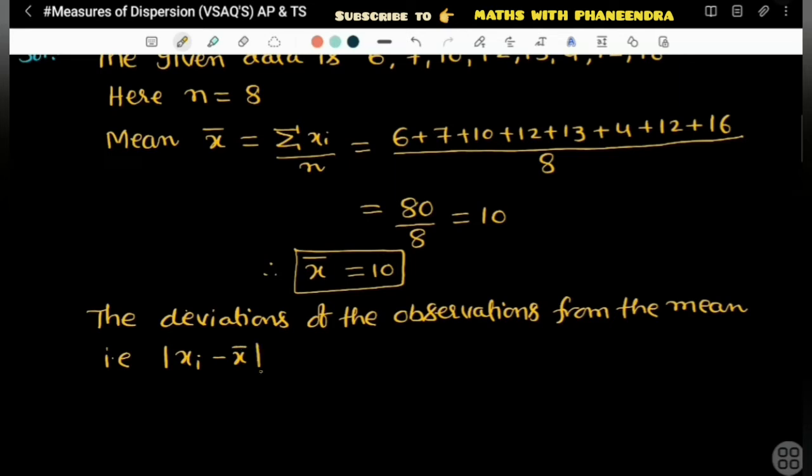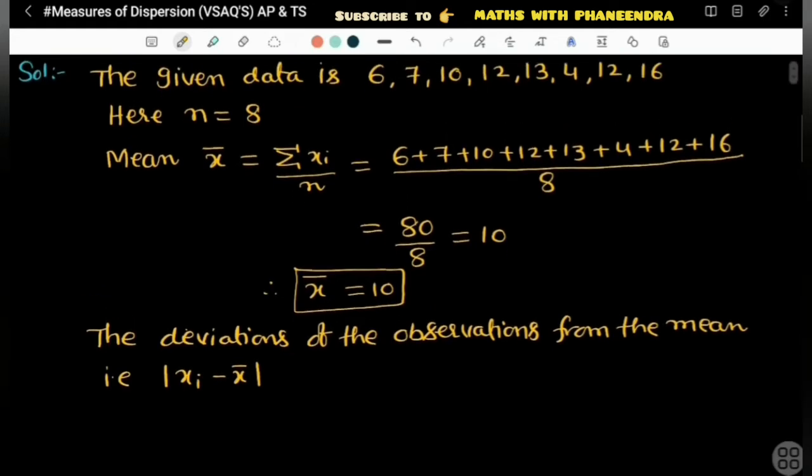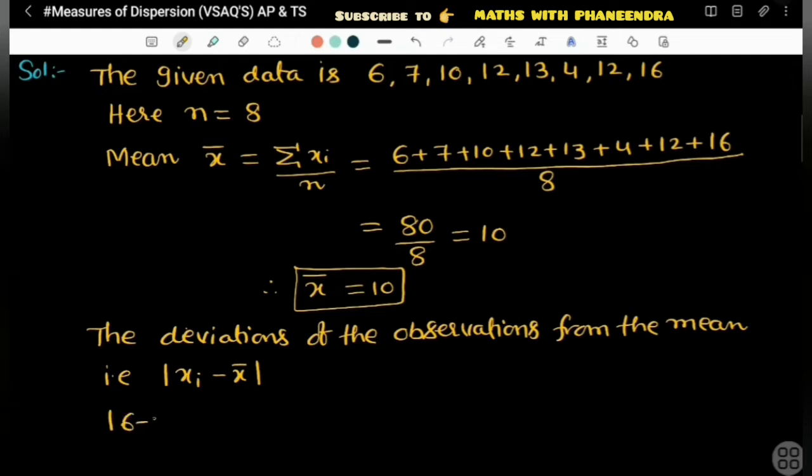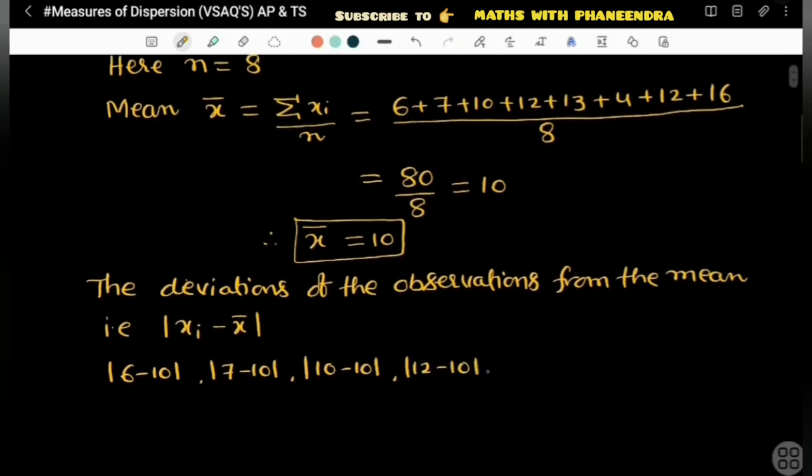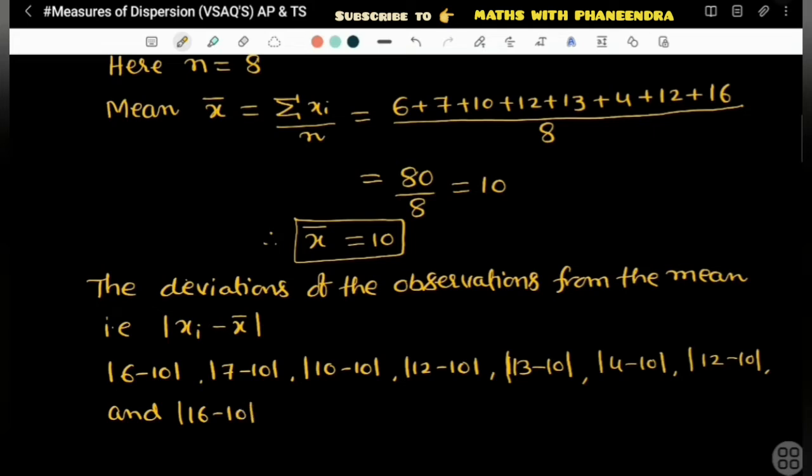Total 8 are there, so 8 values of mod xi minus x bar you can calculate, one by one. First mod 6 minus 10, mod 7 minus 10, mod 10 minus 10, mod 12 minus 10, mod 13 minus 10, mod 4 minus 10, mod 12 minus 10, and mod 16 minus 10.